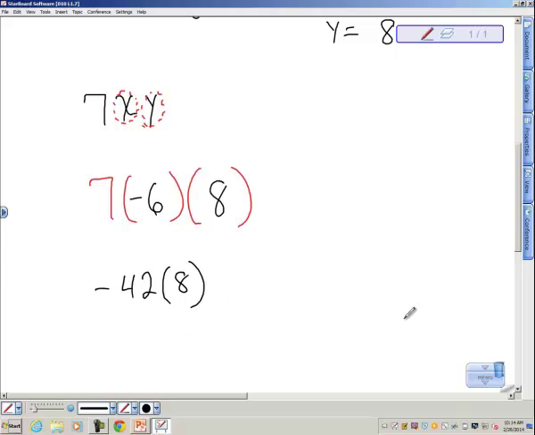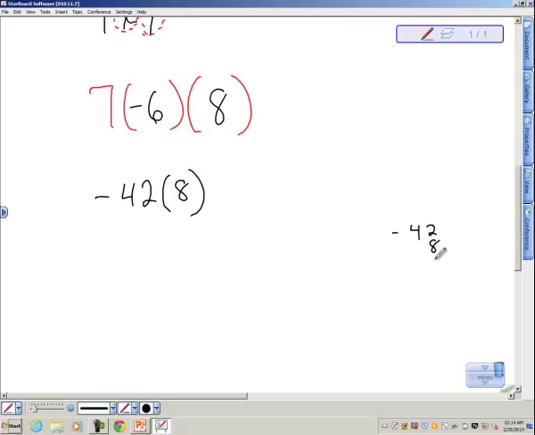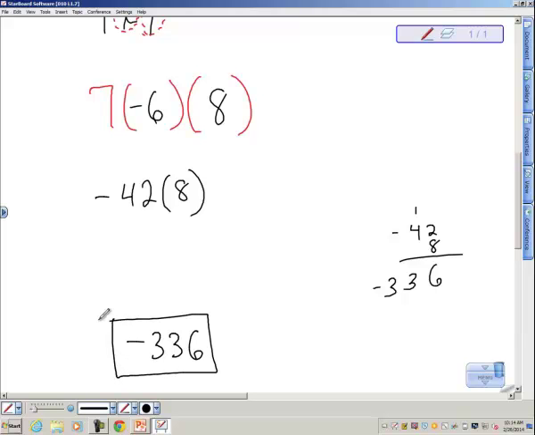So we have negative 42 times 8. 2 times 8 is 16, then 32, 33... but is that right? Negative 336. Okay, and so that's our answer. Okay, questions with that?